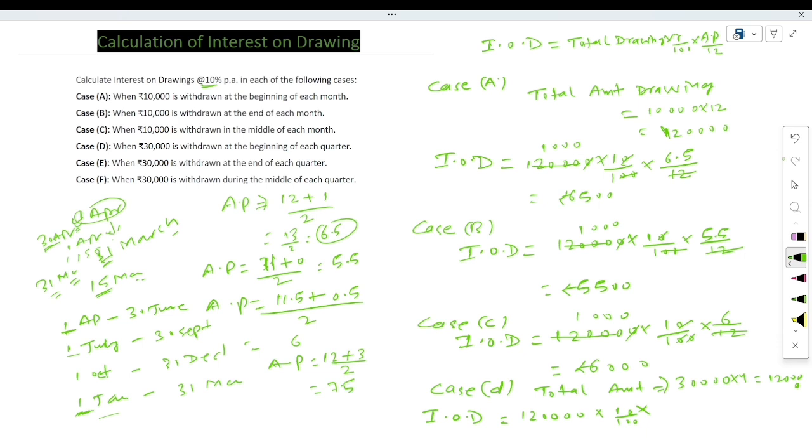It means 7.5 will be the average period. We will write here 7.5 upon 12. Now you can solve this. It means your drawing interest will be 7,500. This will be your interest on drawing in case of D.